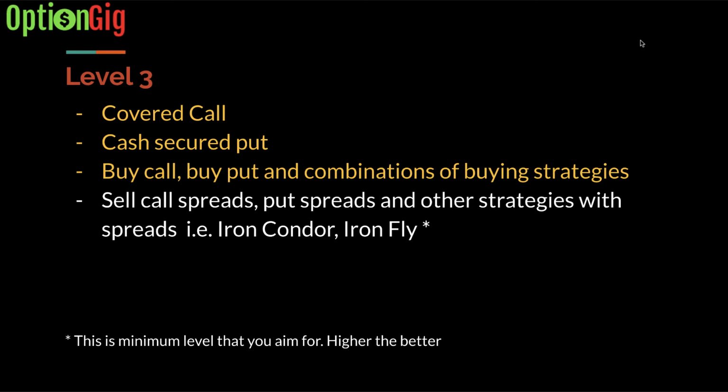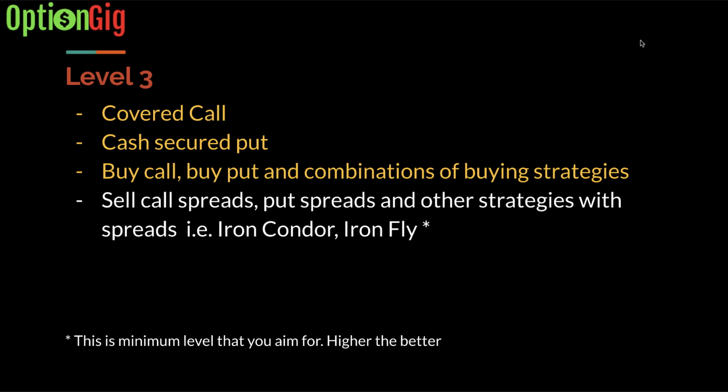And that is why in level 3, the brokers allow you to graduate from just buying strategies to selling strategies, but with a very defined risk profile. It would also include the slightly more complex trading strategies like iron condor, iron fly, because all of them are defined risk.